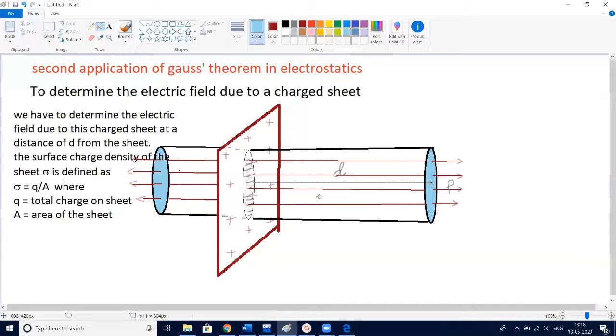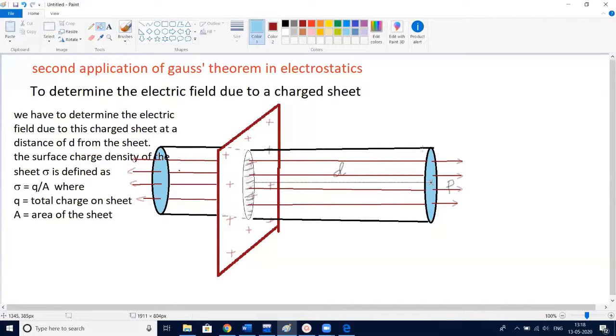So the electric flux associated with this Gaussian surface will be calculated only on the basis of these two surfaces.